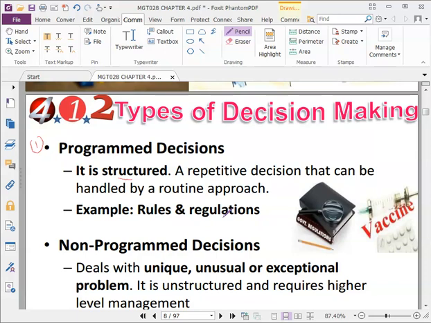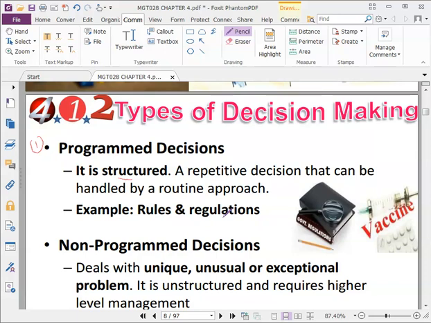Okay, so if the staff came late to the office three times, so then dia akan dikenakan tindakan. Okay, contoh potong gaji or whatsoever. That is the rules and regulation. Okay, that is program decision. That is routine. Okay, every day the management or an organization is using that decision.